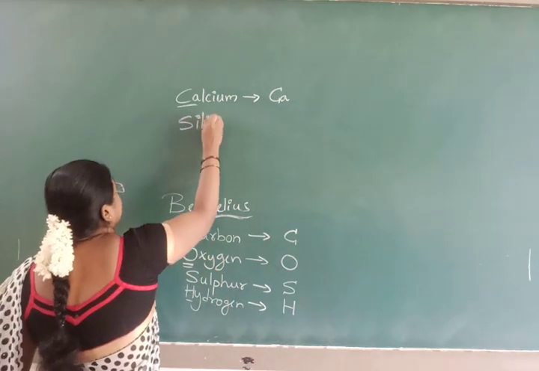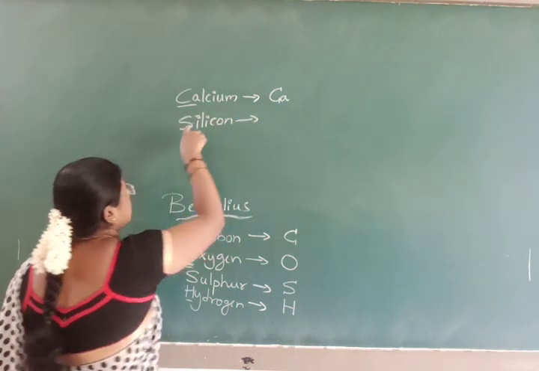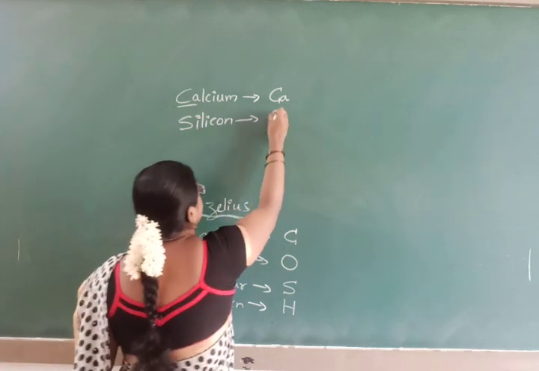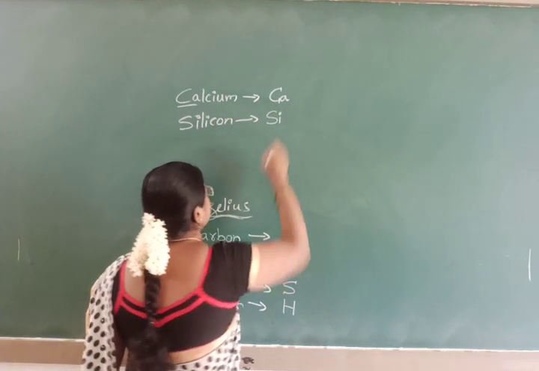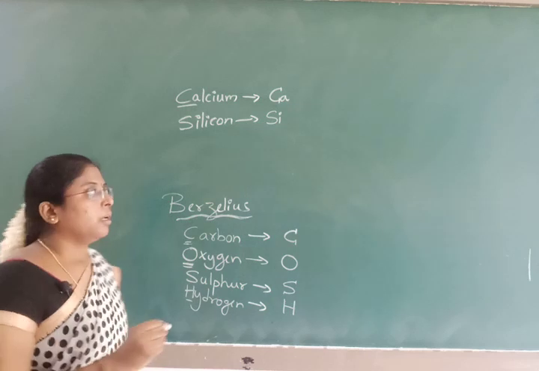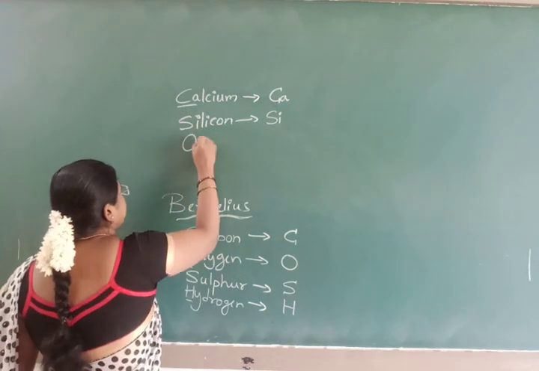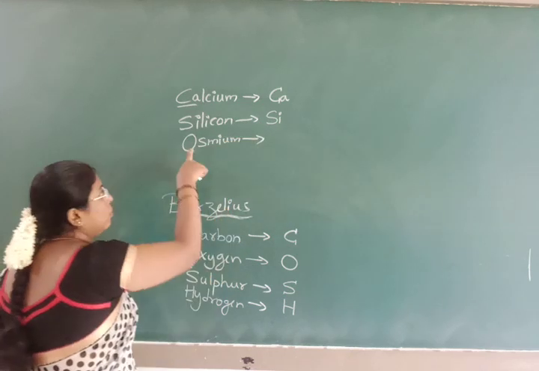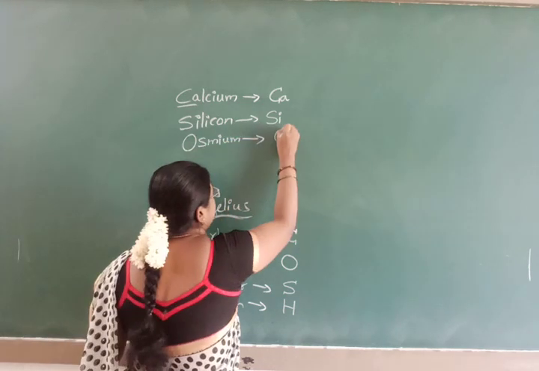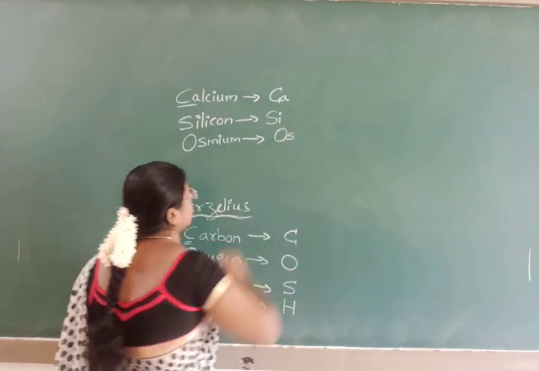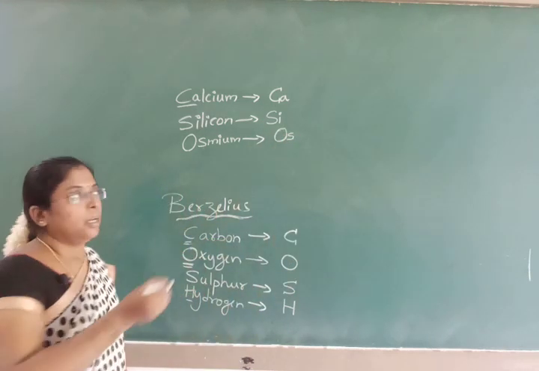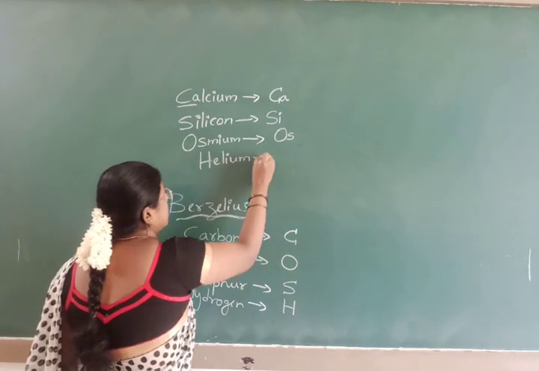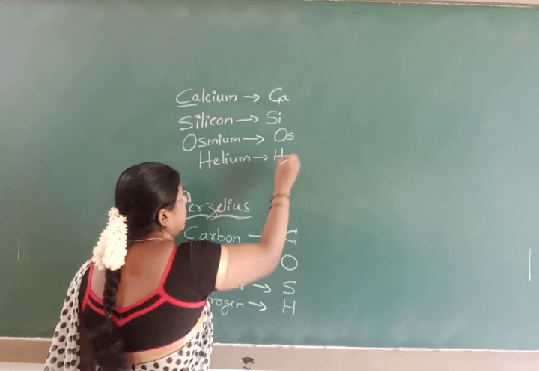Silicon: I cannot use S because S itself is sulfur. So the first letter is written in capital and the second letter in small. Osmium, here O is capital, and we write the second letter in small. Helium, capital H and small e.